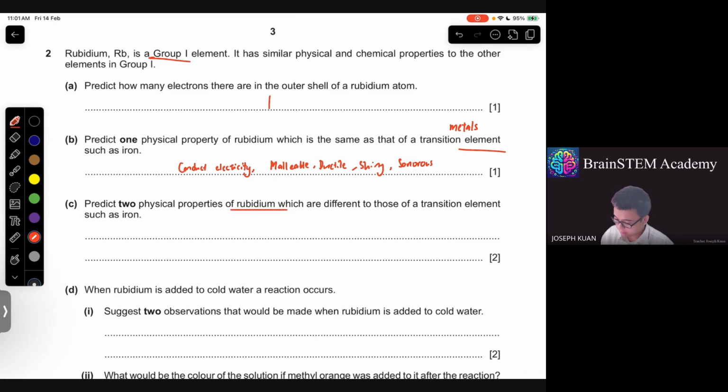Okay, so let me write here. Rubidium has a lower melting point, lower density, and is softer than iron.